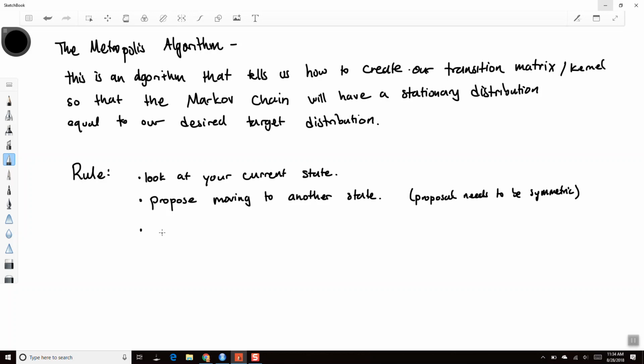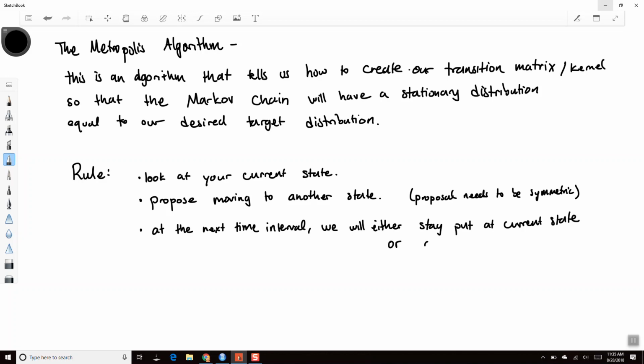So at the next time interval, we will either stay put at the current state, or transition to the proposed state.